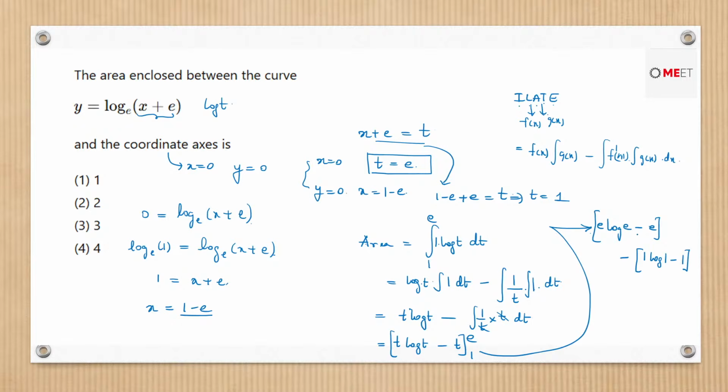So e log e, log e is anyways 1, and this is e minus e, which is going to become 0. Minus of 1 log 1 is 0, minus 1. So this is 0 minus of minus 1, which is 1. That is option 1 is the answer.